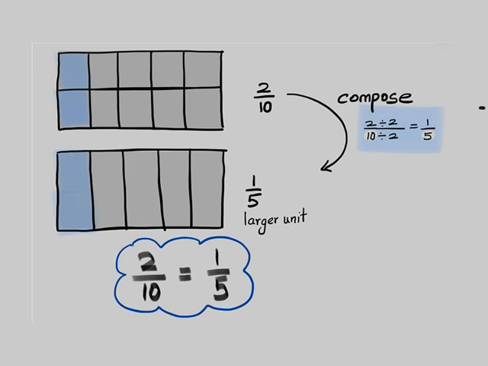So composing a smaller fractional unit 2/10 into a larger fractional unit 1/5 by dividing 2/10 by 2. So the smaller fractional unit is composed into a larger fractional unit.